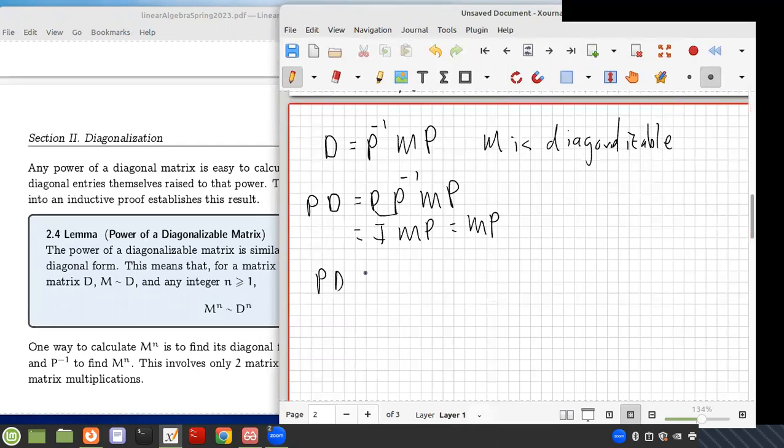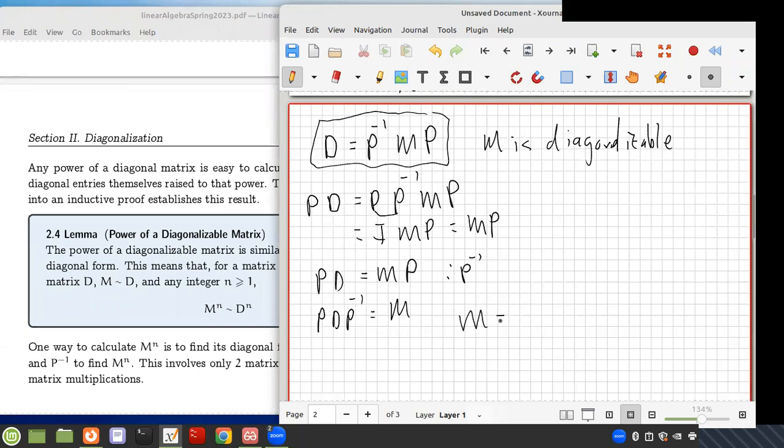P times D equals M times P, right? And then I can multiply on the right by P inverse, and I'll have P D P inverse equals, the P inverse on the right hand side, I'll just have M. Okay, so I have this relation here, and if I do this little maneuver, I can sort of invert it to say that M equals P D P inverse.